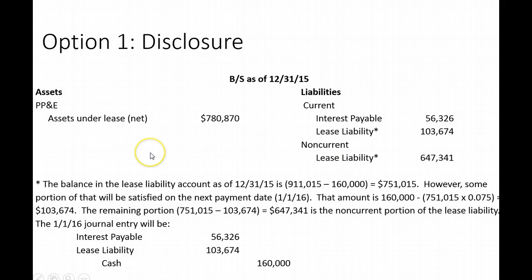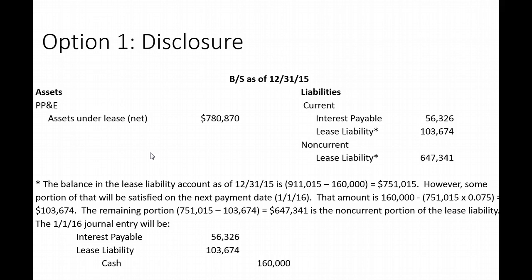Okay, so that's the disclosure for option number 1. So we've gone through measurement, recognition, and disclosure for option number 1. We also need to go through the measurement, recognition, and disclosure for option number 2. Now, the measurement portion we've already done. We figured out that the present value was only $511,000, and so option number 2 is strictly an operating lease.